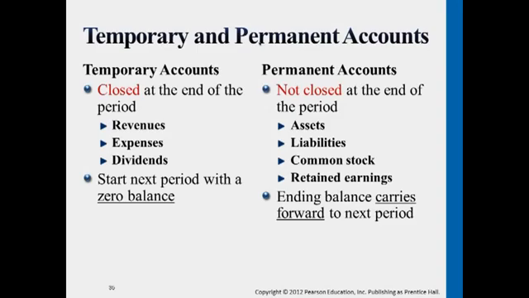Meaning if December 31st, there's $5,000 left in cash for 2012, then January 1st, 2013, you start from $5,000. Whatever is the balance that you see at the last day of 2012, that would be the balance that you see in the beginning of 2013. Okay, this is what it means by ending balance carries forward to the following period.